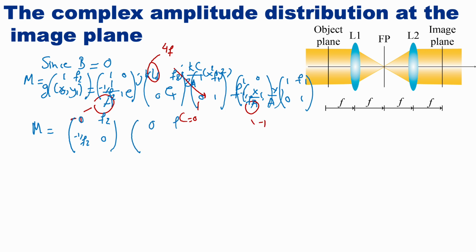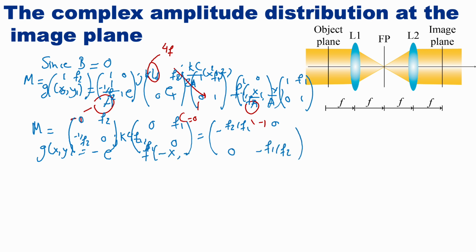So my output is negative, exponential of jk 4f, and then f of minus x, minus y. So this term right here is a global phase due to the propagation.